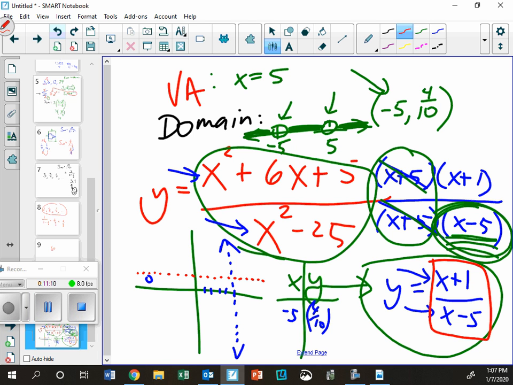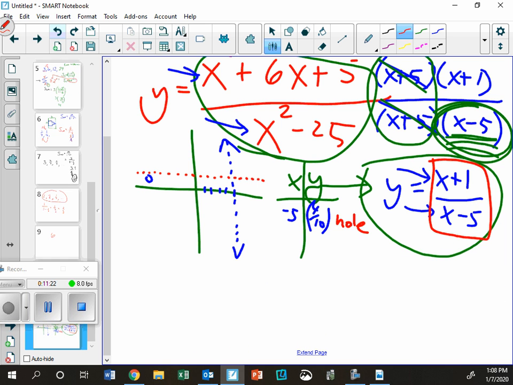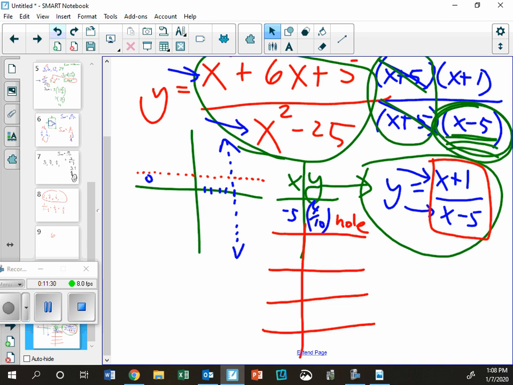Hint, the x-intercept is where y is 0. That's a nice point to find. Or the y-intercept, which is where x is 0. It's another nice point to find. This one was the hole. Find me 3 other points. I'll pause for a second while you give that a try.